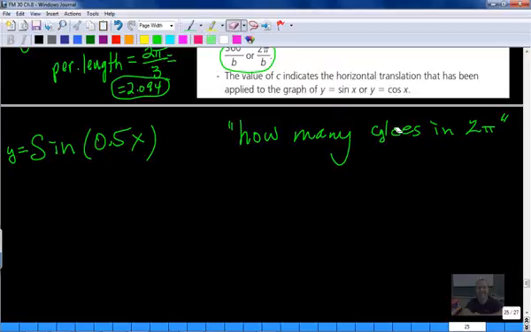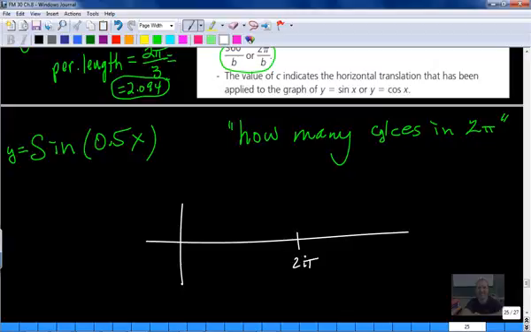How many cycles? And so if you have 0.5 as b, that means you have 0.5 cycles. Okay, so if this is 2 pi, this is what the sine should look like, right? But in this case, you only have 0.5, so it looks like this. See, there's half in 2 pi.